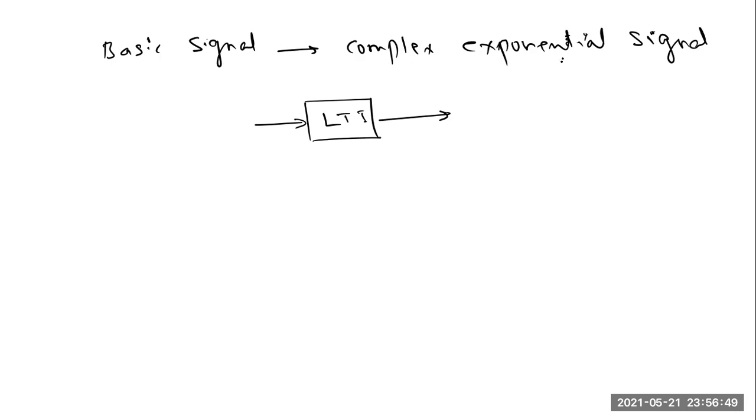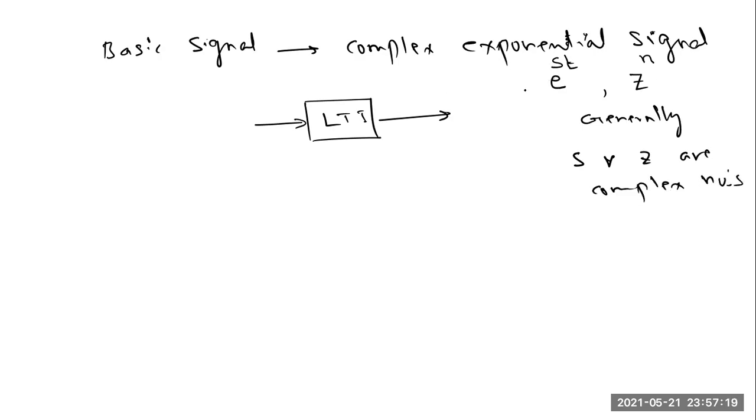So in continuous time, complex exponential signal is generally represented by e raised to power st. And in case of discrete time, complex exponential signal is represented by z raised to power n. And generally, s and z are complex numbers.